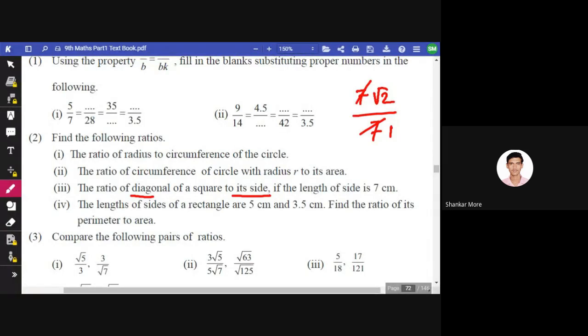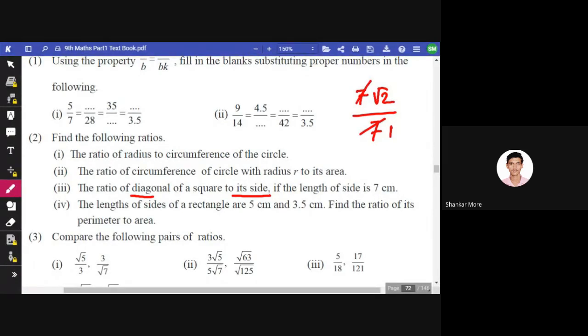Find the ratio of its perimeter to area. Okay, so first of all, calculate perimeter. Kadambari, not you. Except you, others calculate the perimeter and area of this particular rectangle. Please wait. Solve your question in your notebook and wait for the answers from others.